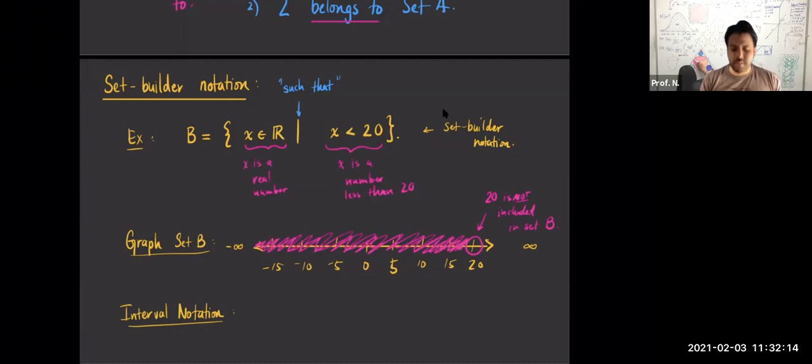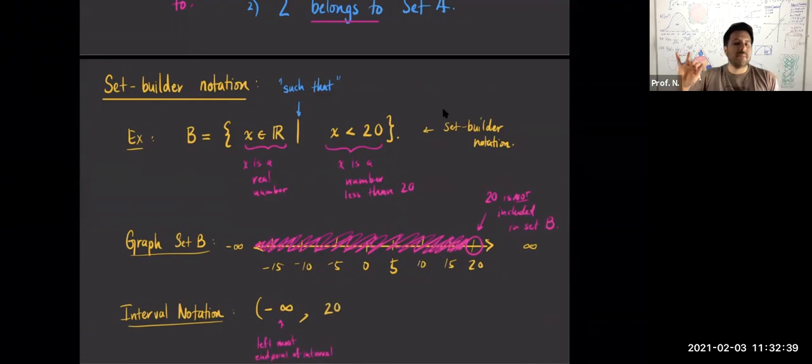We're just approaching negative infinity. So I write negative infinity, and this is the leftmost endpoint of my interval. And the rightmost endpoint of my interval happens to be 20.